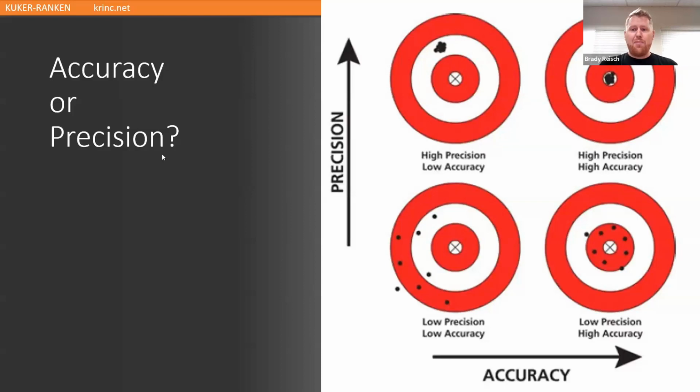When we have high precision and high accuracy, we're in the center and in a very close grouping. If we have low precision and low accuracy, we're kind of all over the place. And if we have low precision and high accuracy, we're towards the center of the target, but we're not grouped really well together. So ultimately, for all of our projects, we want to have high precision and high accuracy, and this is where the GeoQ sensors come into play.